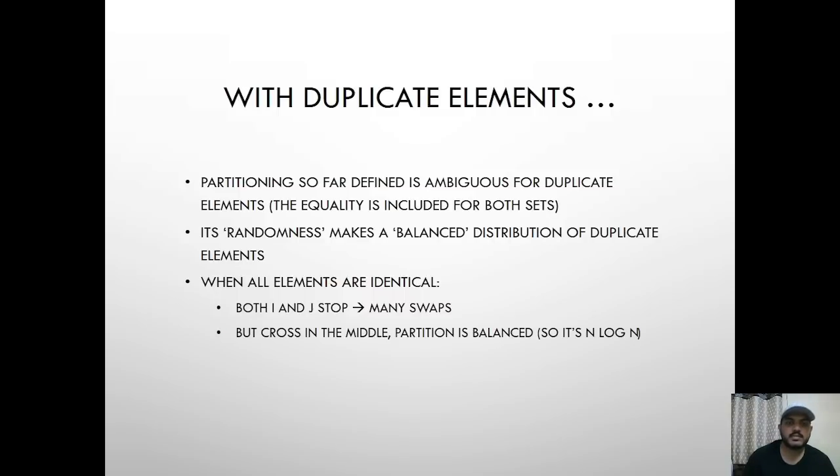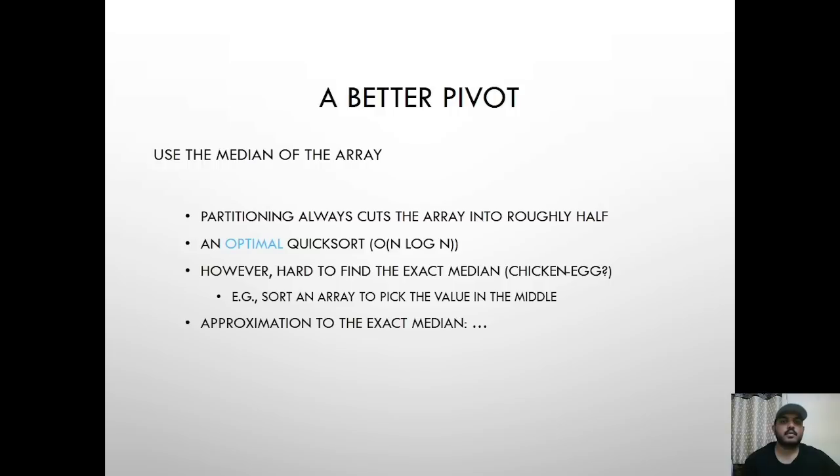When all elements are identical, both i and j steps may swap, but crossing in the middle, the partition is balanced, so it's n log n.